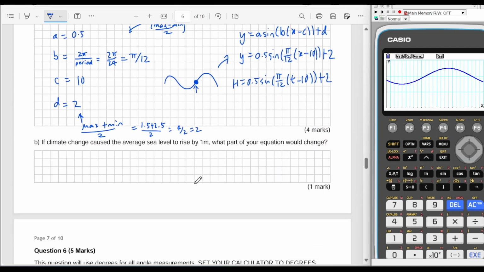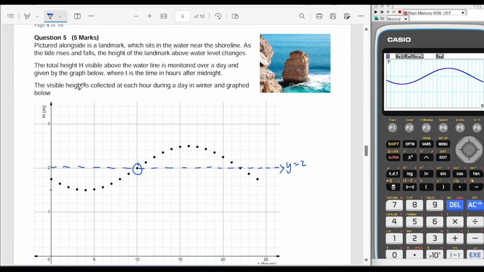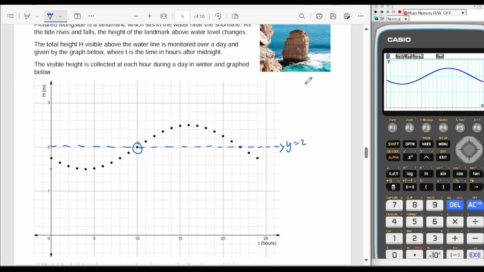If climate change causes sea level to rise, what part of your equation would change? Now, we've got to be really careful. The visible height above the waterline is the total amount that's left. So if the tide goes up, you're able to see less of this thing.